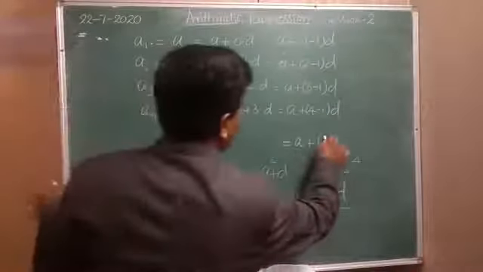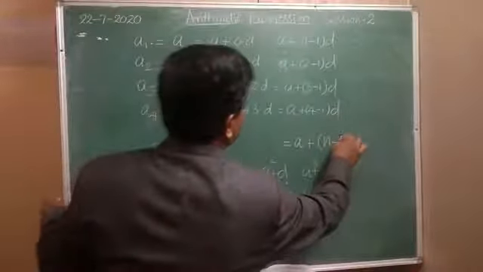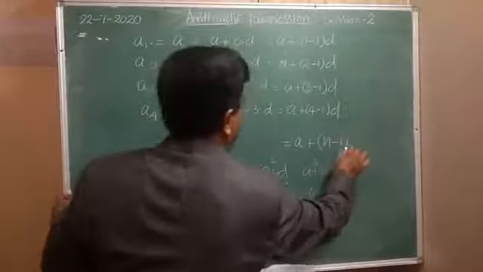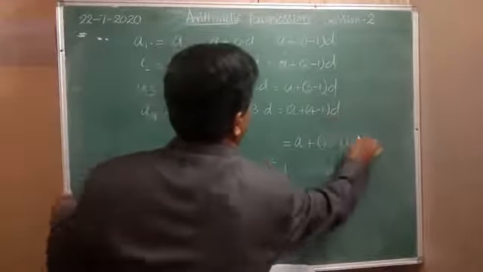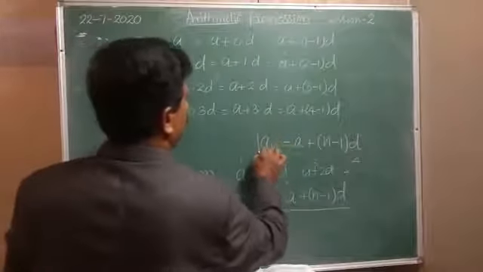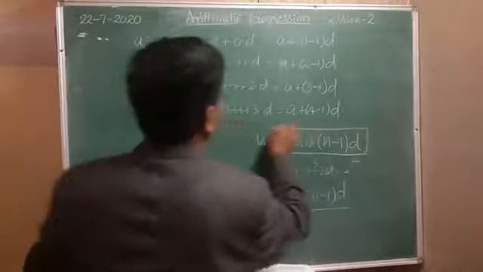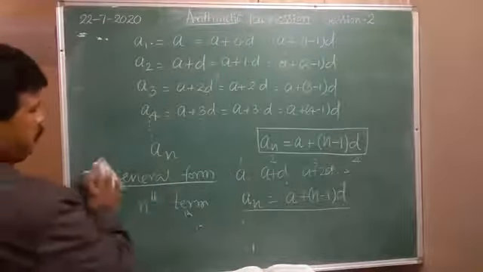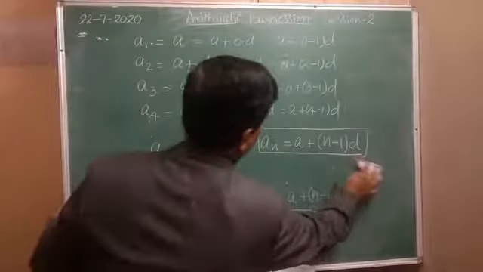So here also you write n minus 1 into d. So this is what? The nth term of an AP. Clear?